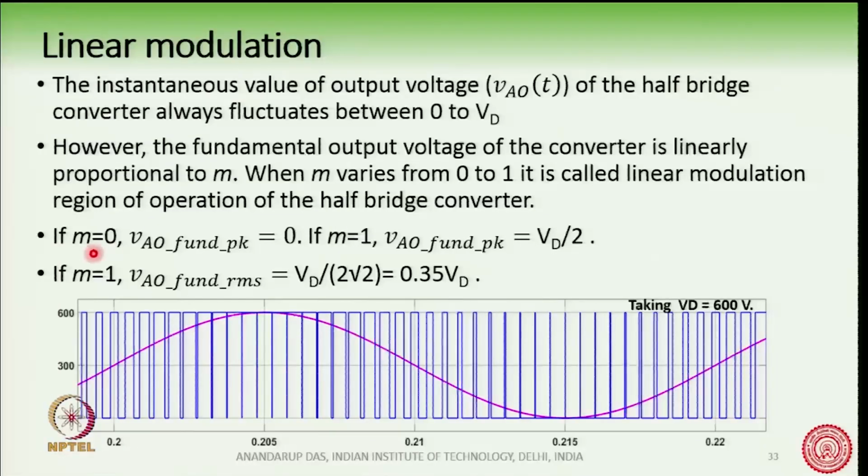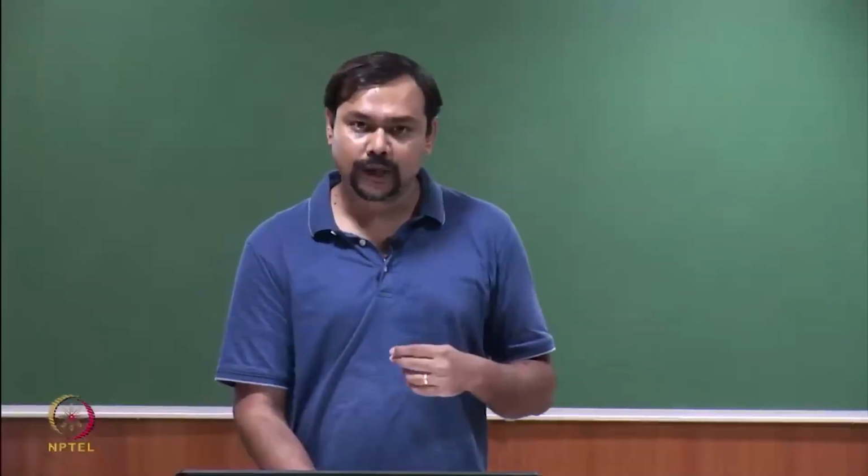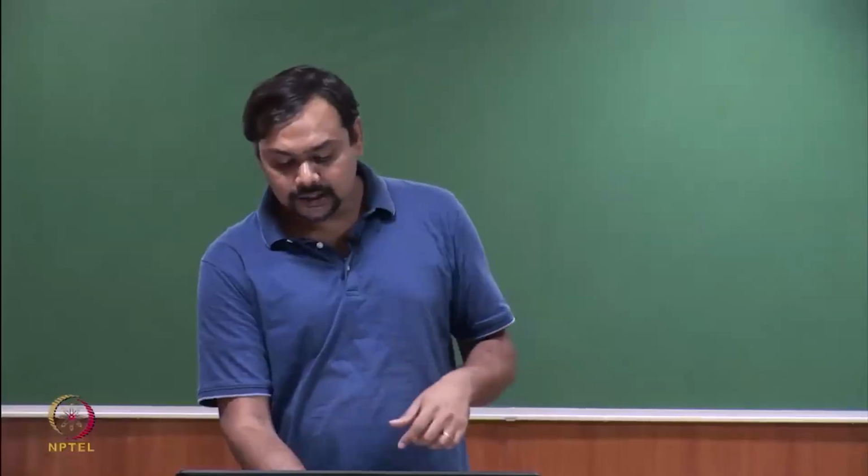So, if m is equal to 0, the peak of the fundamental voltage in VAO is equal to 0. If m is equal to 1, then the peak of the fundamental voltage in the pole is Vd by 2, because m equal to 1 and sin omega t equal to 1, that is omega t equal to 90 degree, gives VAO fundamental peak Vd by 2.